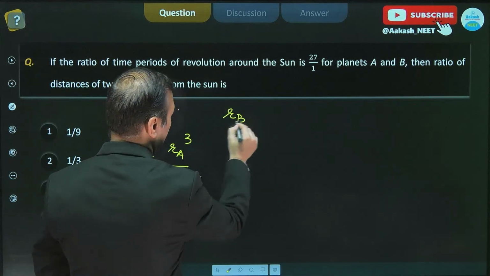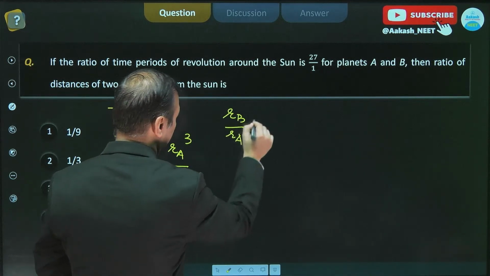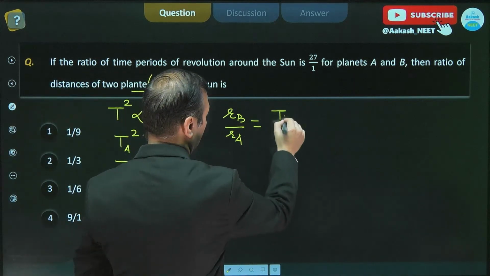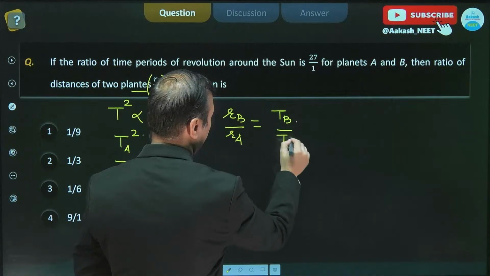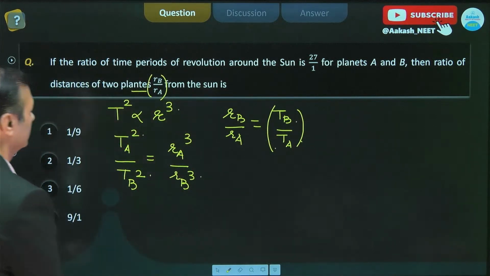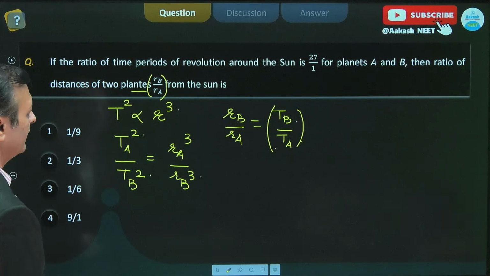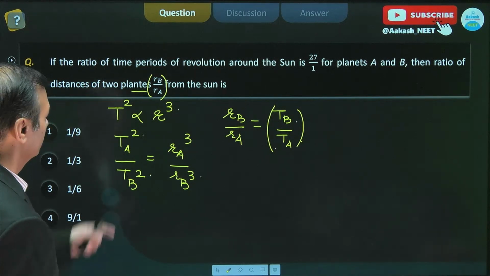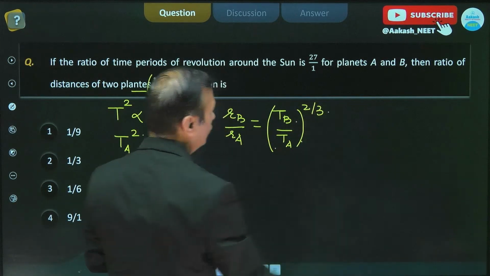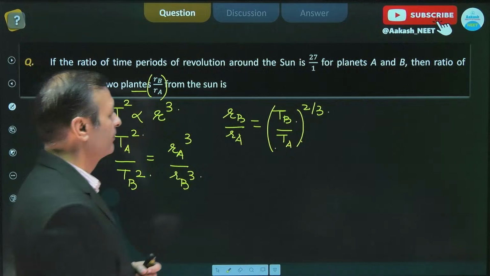So this is RB by RA, that is TB by TA to the power 2 by 3.